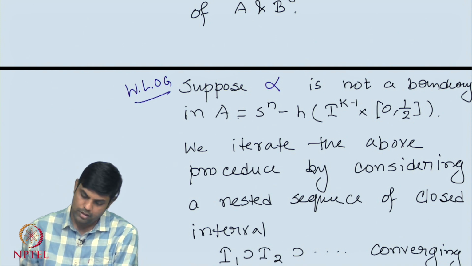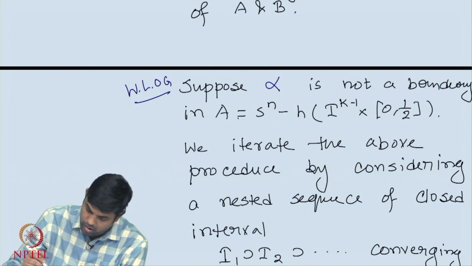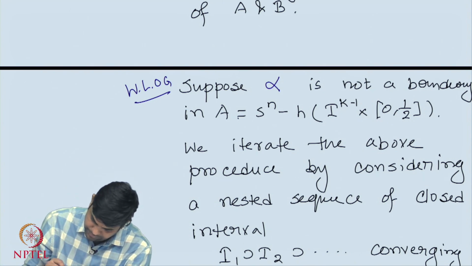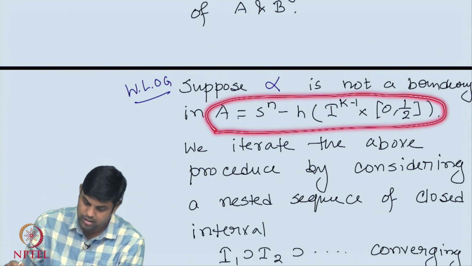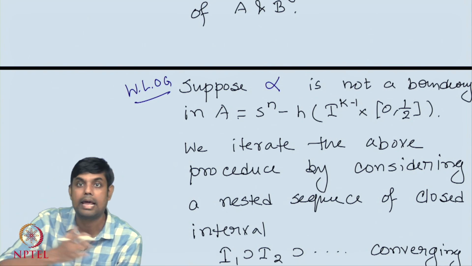I do the same thing again. So, A is now my object of interest. Again I split it into two parts, call it A11, A12.